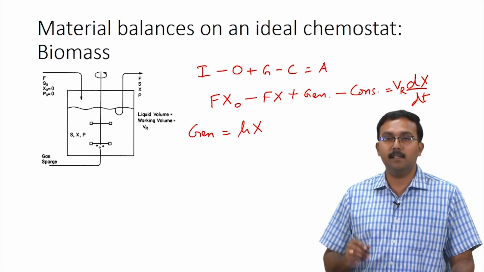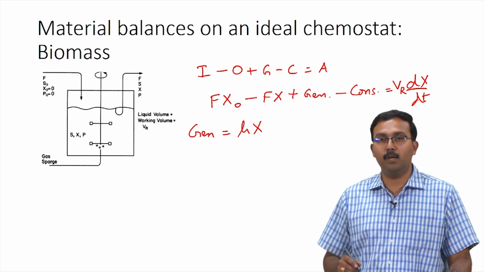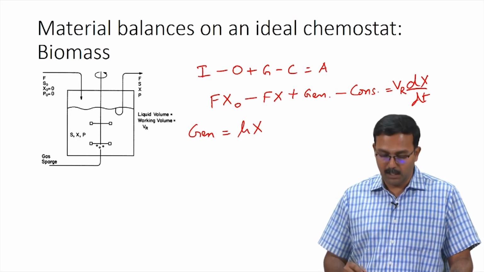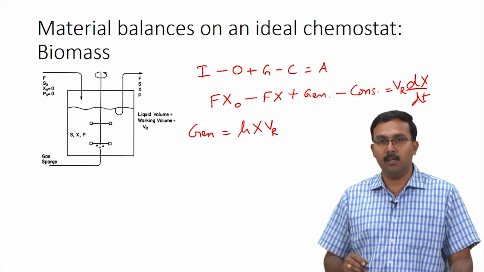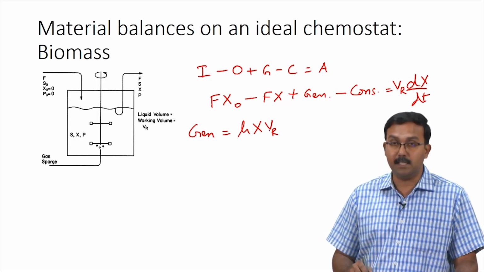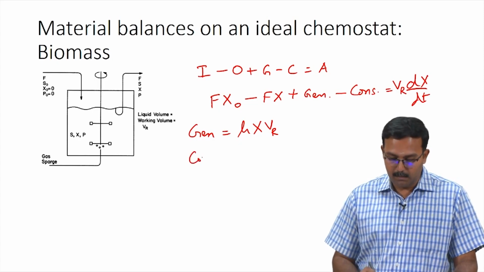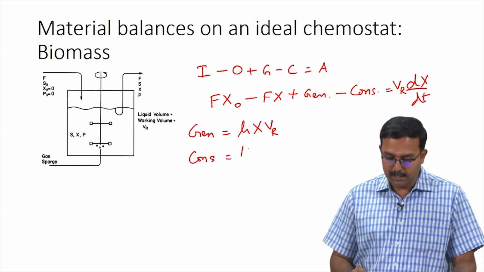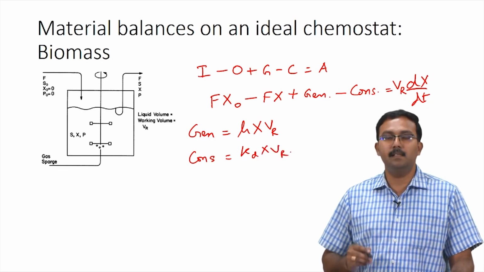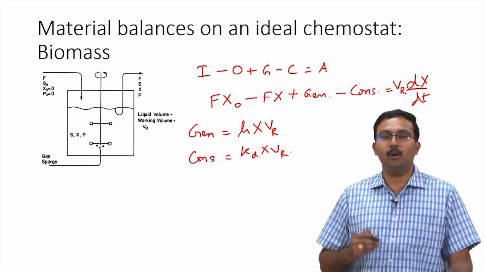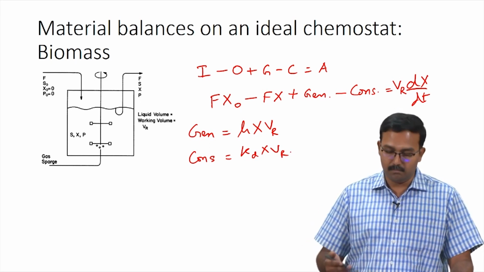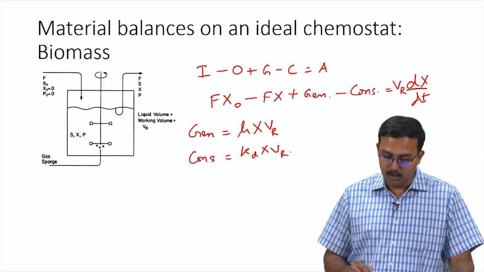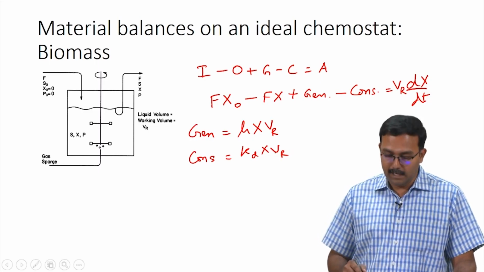We want the change in total mass of the biomass or cells with respect to time, so this multiplied by VR, the volume of the reactor, gives us the generation term. Similarly, we can get the consumption term as KdXVR, where Kd is the specific death rate, or the specific rate at which endogenous consumption of biomass is happening. So, this would be KdXVR.